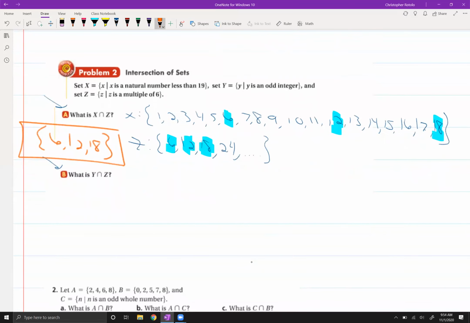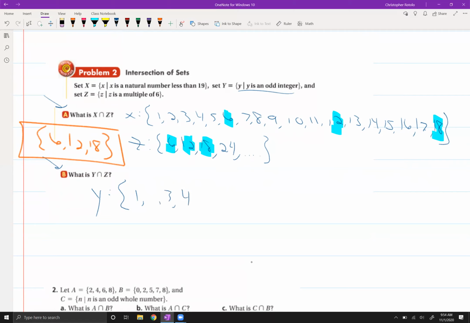All right, so we have Z already listed up here. So I just need to write out Y real quick so we can see what it is. Y is an odd integer. It's 1. Well, I don't see anything going on with those negatives. 2, 3, 4.